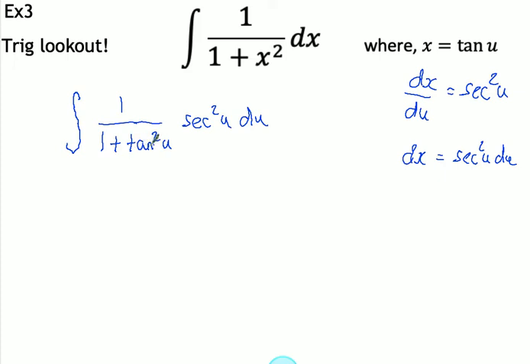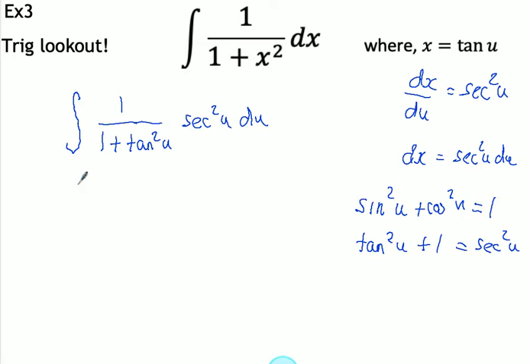Just a reminder down here, sine squared u plus cos squared u equals 1. So tan squared u plus 1 equals sec squared u.